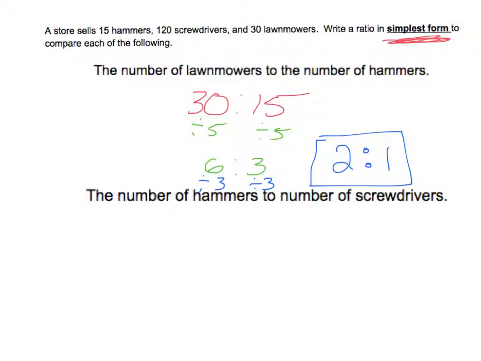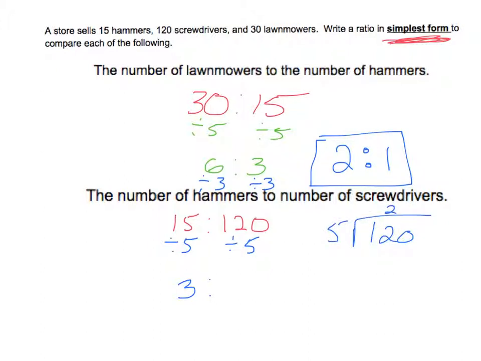For the next one, it's asking for hammers, which is 15, to screwdrivers, which is 120. I know 5 goes into both, so I'm going to divide both of these by 5. So that would be 3 to 120 divided by 5. Let's write it out.